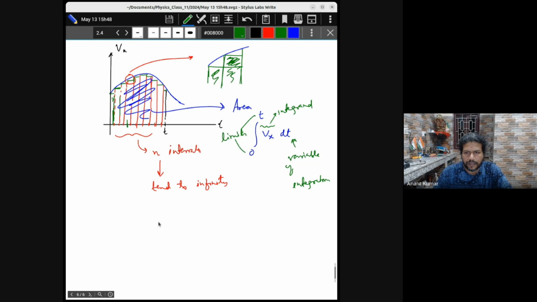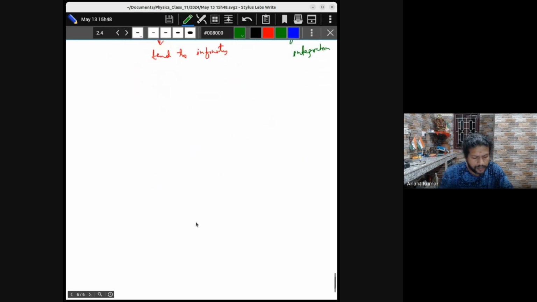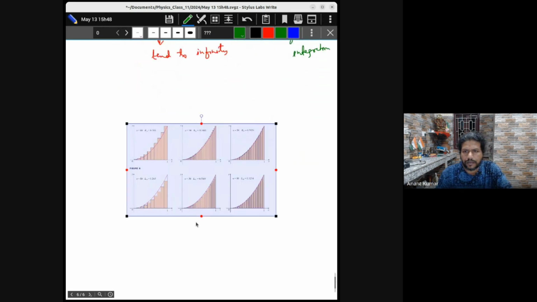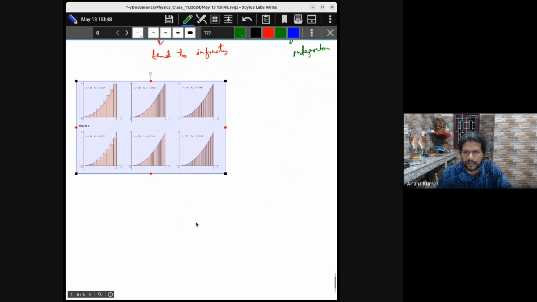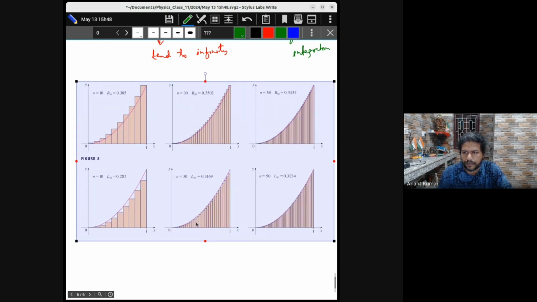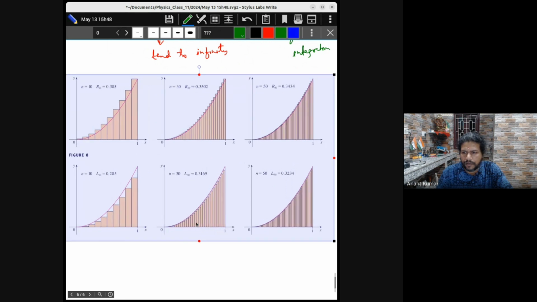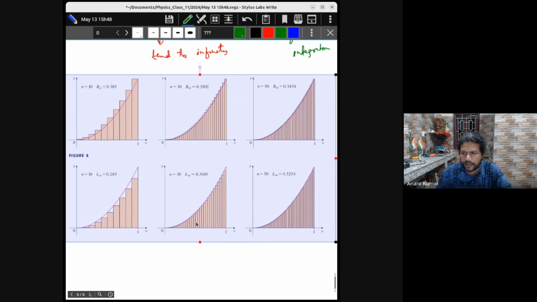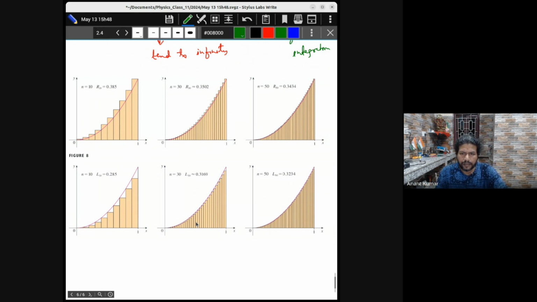So for instance, if I do this same process, in this particular scenario what we're trying to do is find out the area under the graph of y equal to x square.